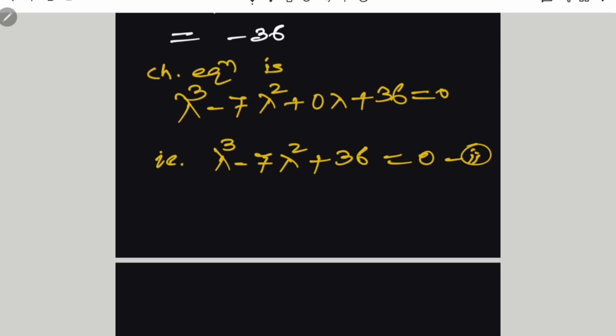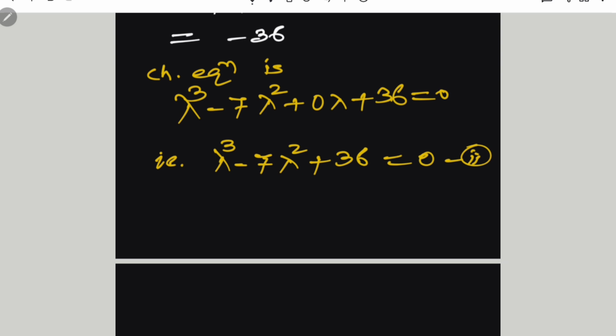In the next step, we need to find the roots of this equation. As it is a cubic equation, applying the synthetic division technique, the coefficients are 1, minus 7, 0 and 36.